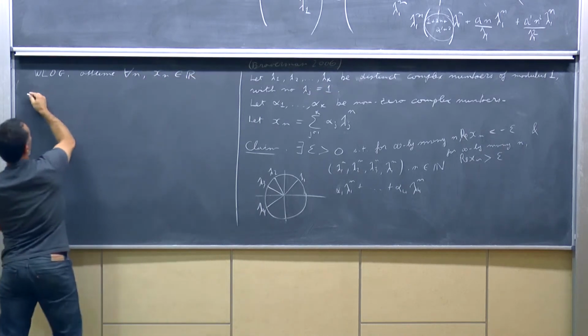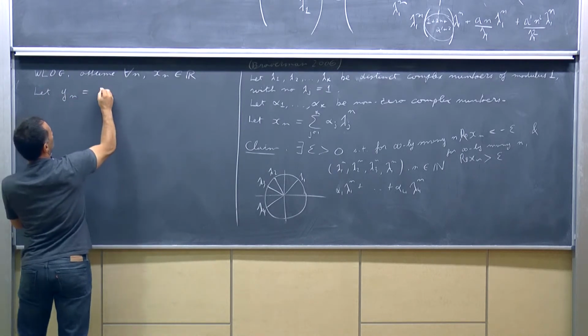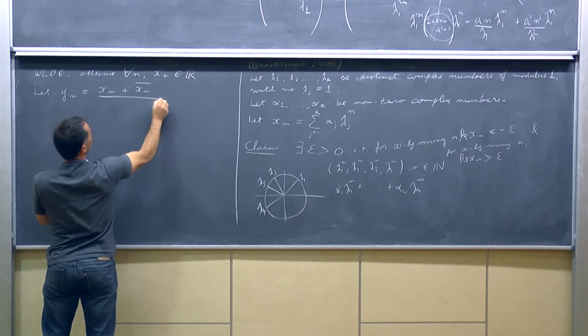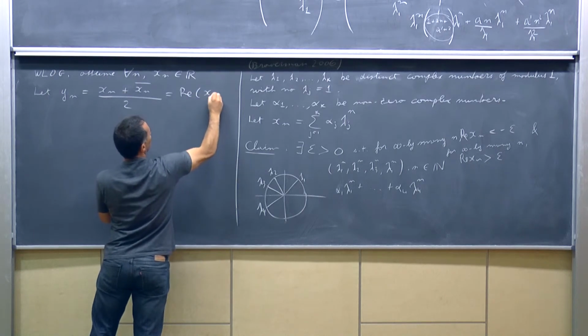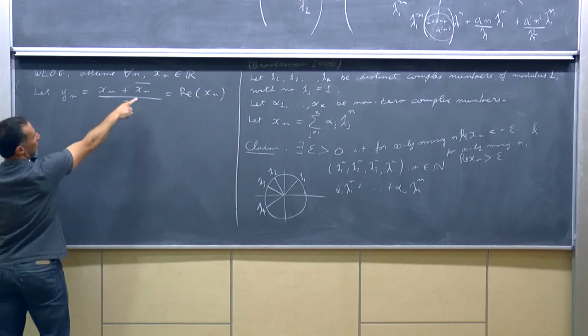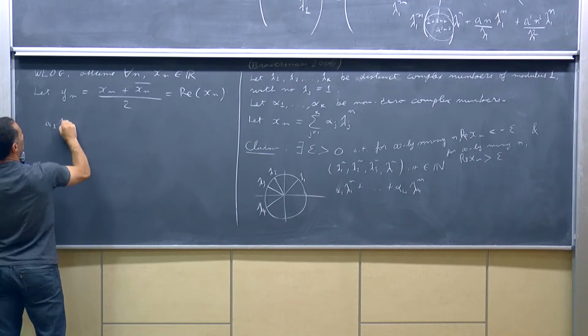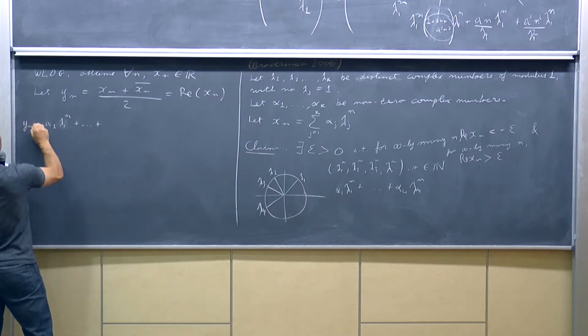And the reason is, to see this, you just let yn be xn plus the complex conjugate of xn, divided by 2. So that is going to be the real part of xn. And if you look at the definition of xn, that's a1 lambda 1 to the n plus dot dot dot plus, so yn will be this, right?